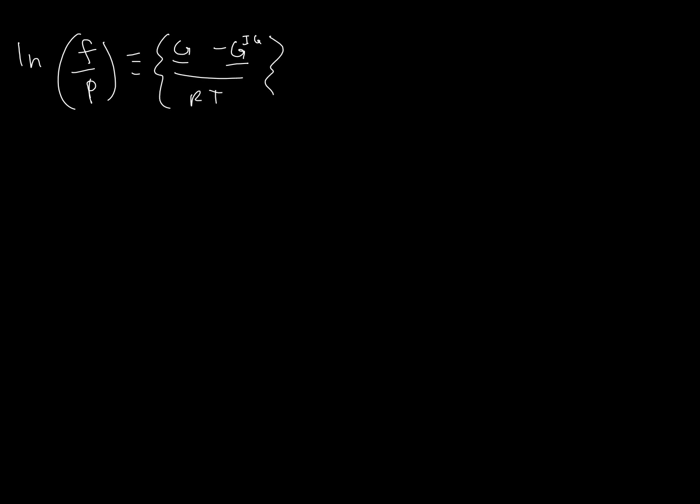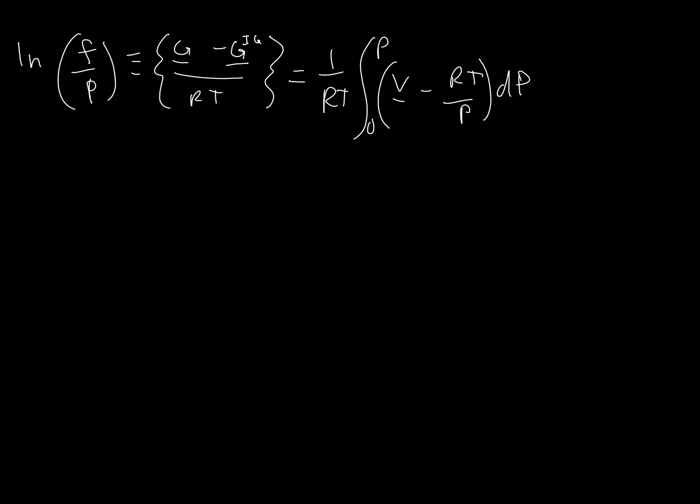In essence, this is effectively just the definition of fugacity; we're arbitrarily defining it as a Gibbs departure function. Then we have the term 1 over RT, integral from 0 to P, where 0 is the ideal gas state and P is the real state, of V minus RT over P dP. This is how we would evaluate the fugacity provided we had an equation of state.